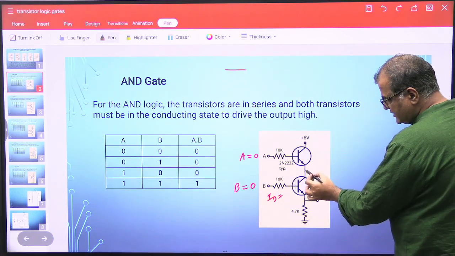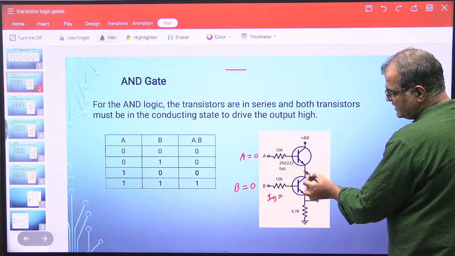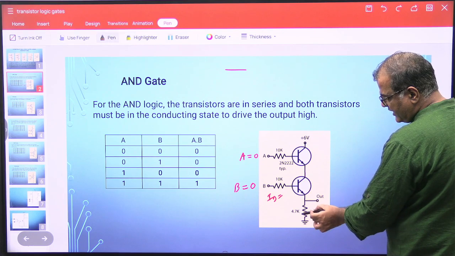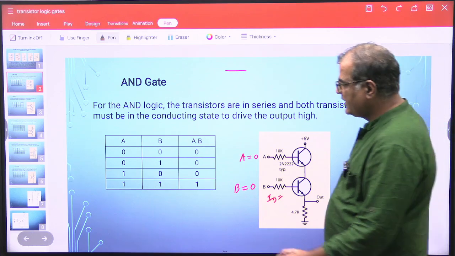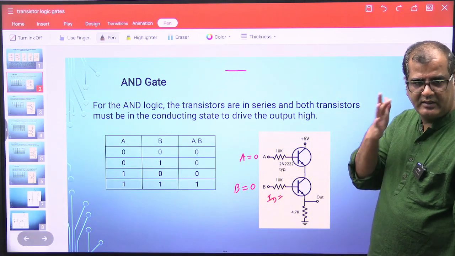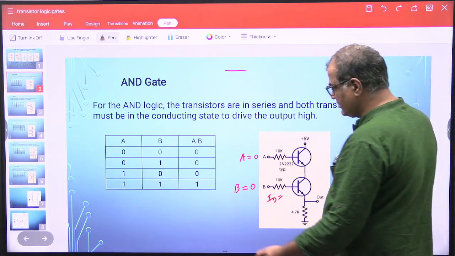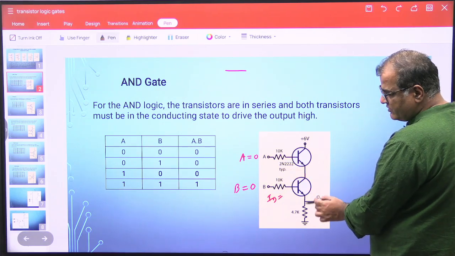This current is flowing, but obviously IC is not flowing, so automatically this current is also 0. So your output will come again 0. Okay, ये clear है point? Similarly, if any one of them is 0, your output will come 0.